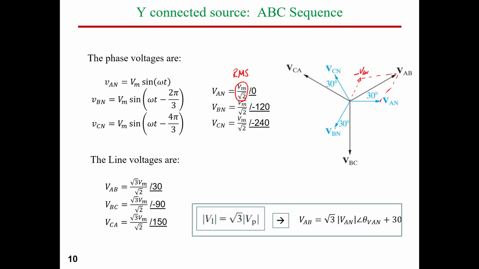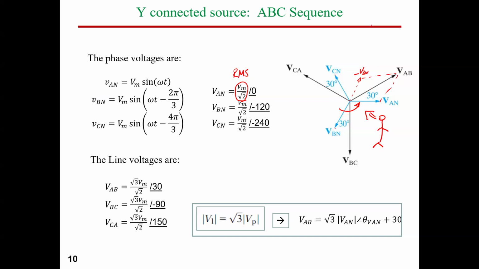What about sequence, guys? We didn't discuss sequence. Sequence means if you stand right here and observe the system, and the system is rotating in this direction, counterclockwise, you will see VA, then VB, then VC. Okay, so this is called ABC sequence.